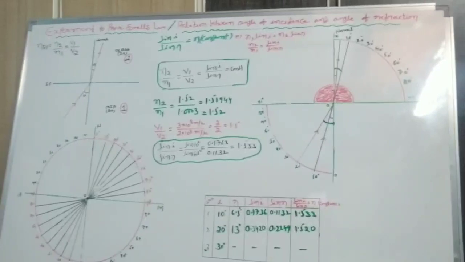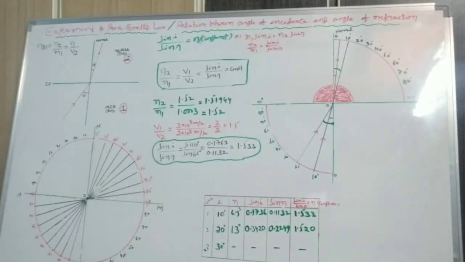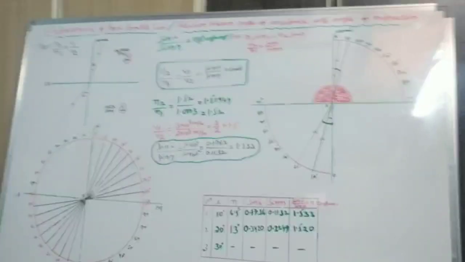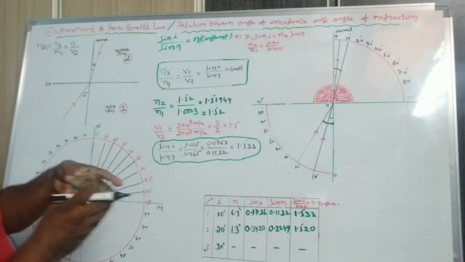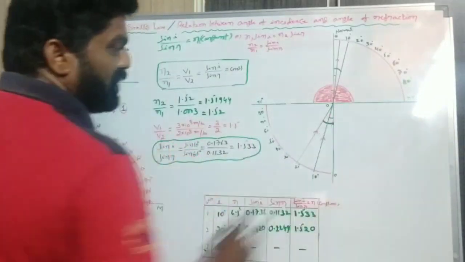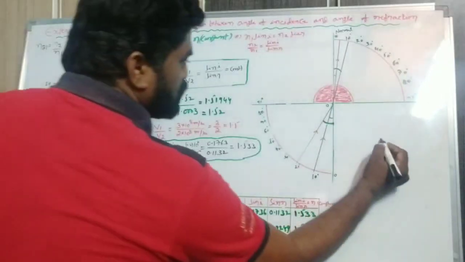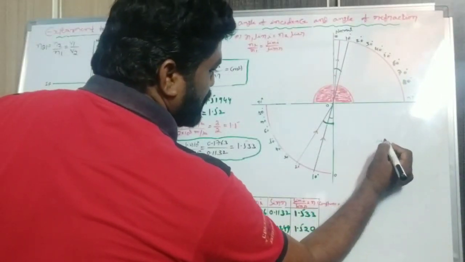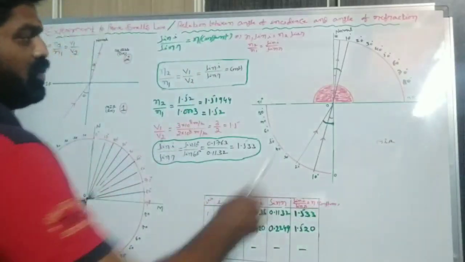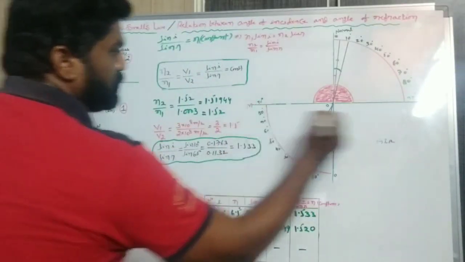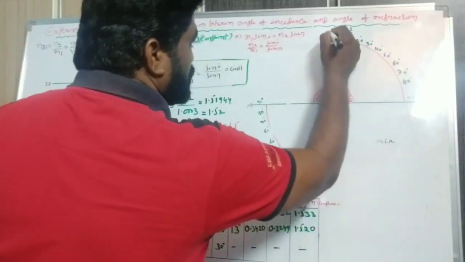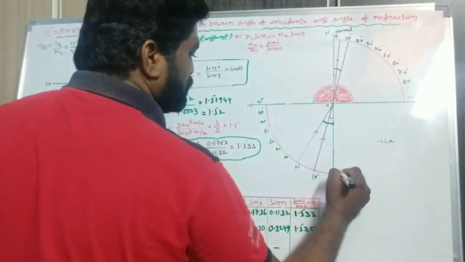Now place a semicircular glass disc. See here, this is the semicircular glass disc. Consider it is the interface, MM, and this is the normal NN.